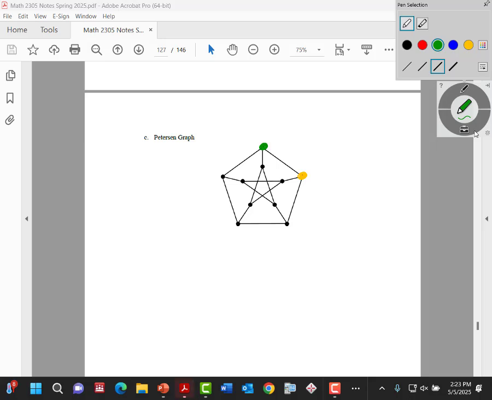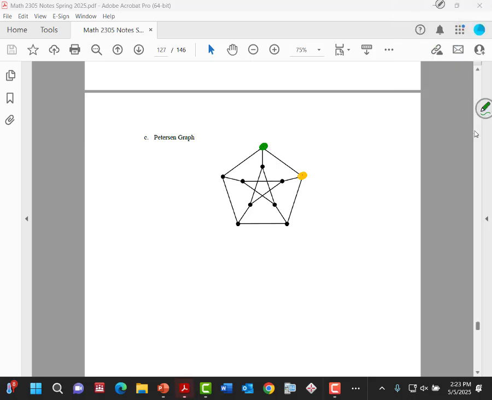But if I color him green, then I could, if I wish to, color down here green. Okay, well, let's continue. If this up here is green, and I want to come down to the left on the pentagon side right here, I need to color this guy. I can't color him green.